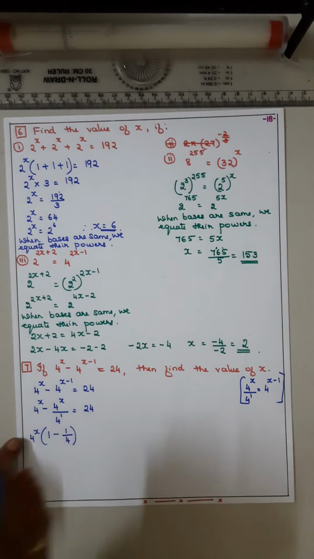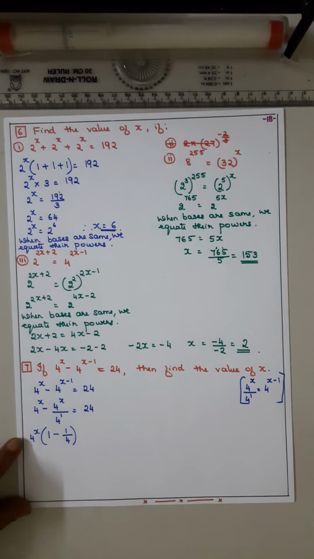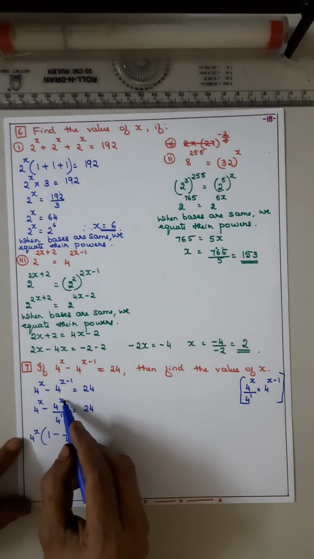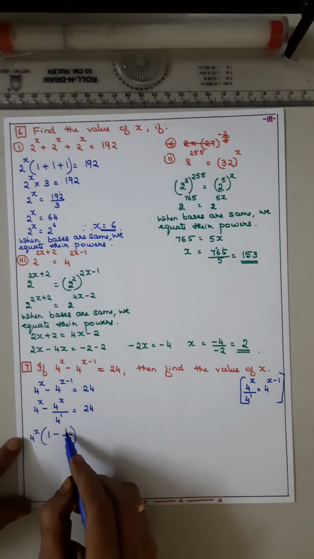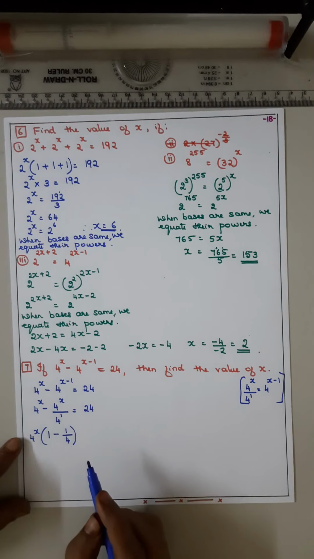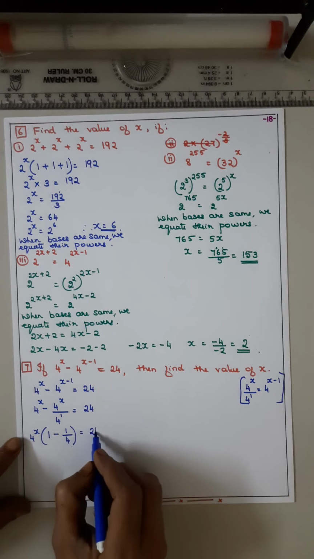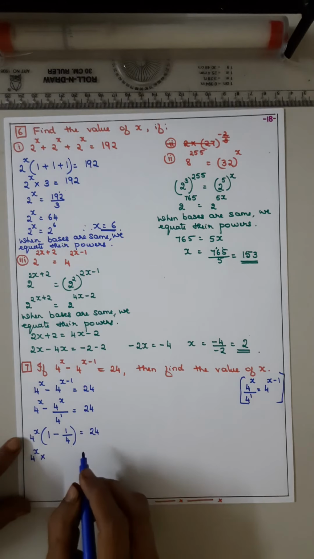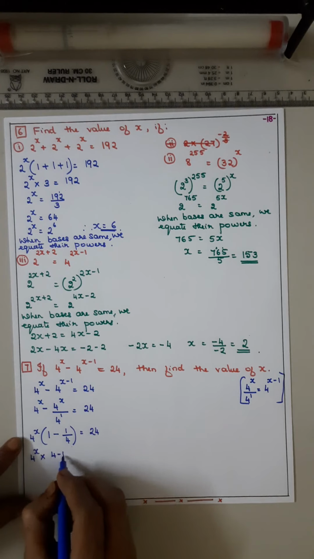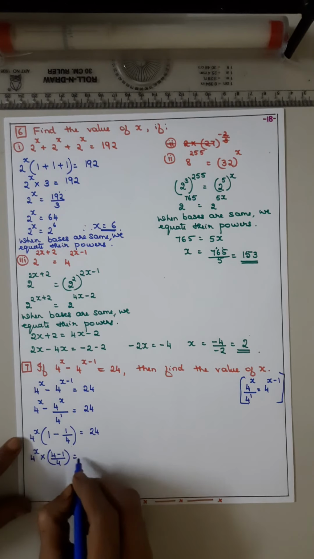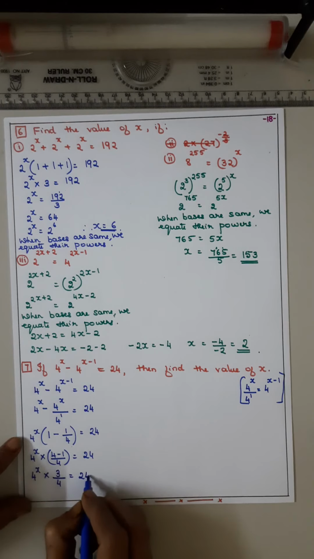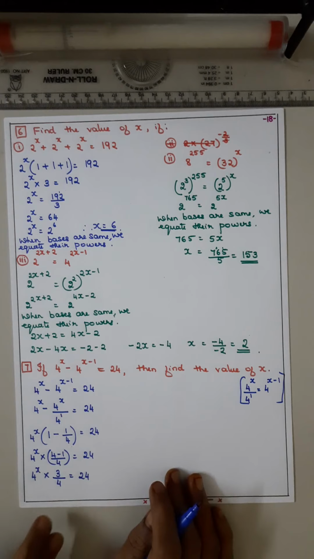So 1 minus 1 by 4 is equal to 24. 4 to the power x into 1 minus 1 by 4 is 3 by 4. So this much you got.